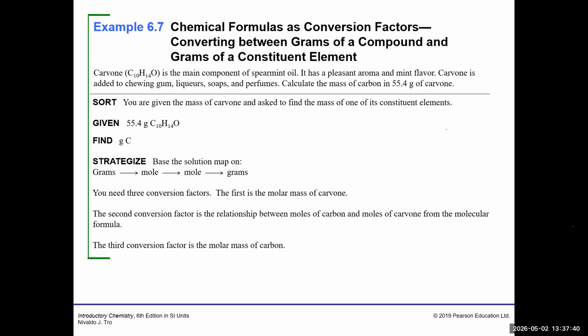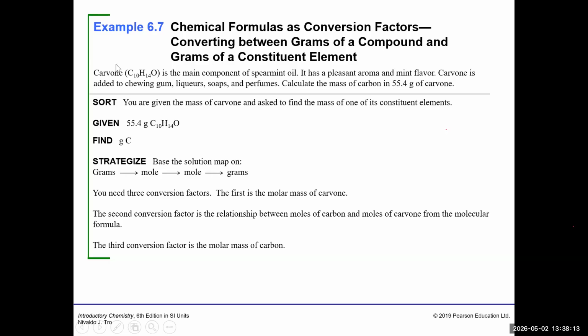Understand? And we are going to calculate the mass of carbon in 55.4 grams of carvone, right? We have the mass of carvone, which is 55.4 grams. And now we are calculating the mass of carbon in it. So we strategize. There's carbon.